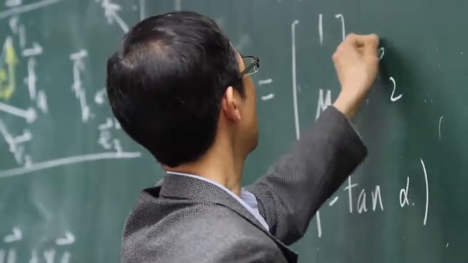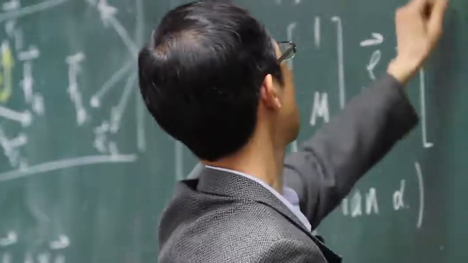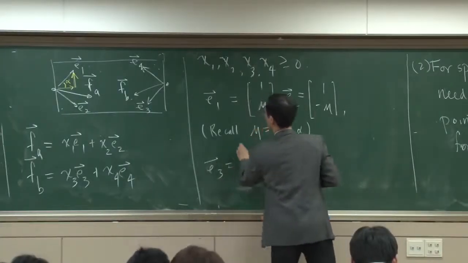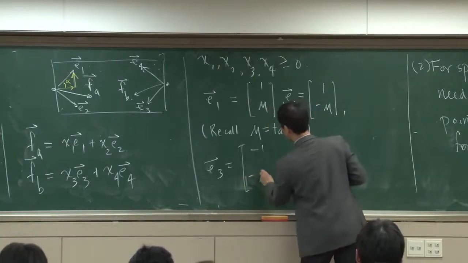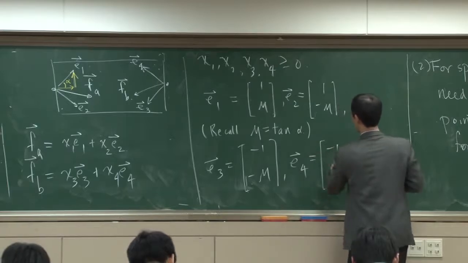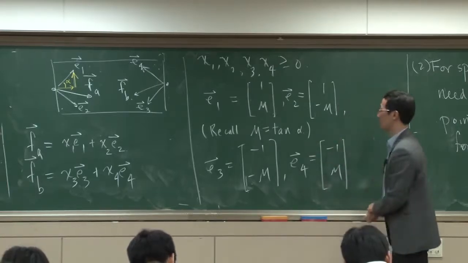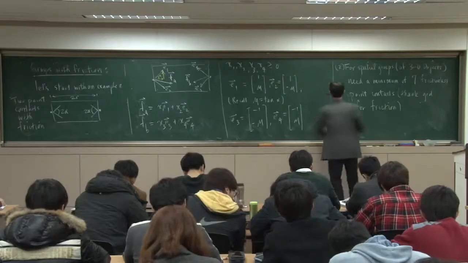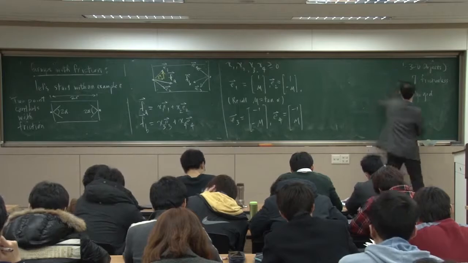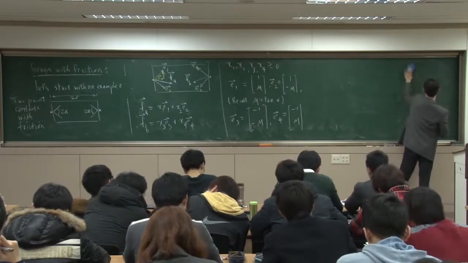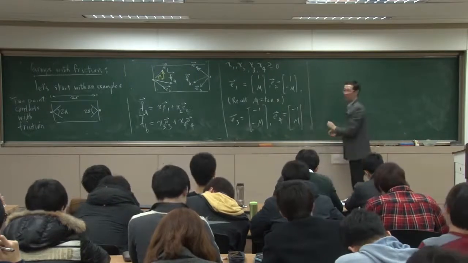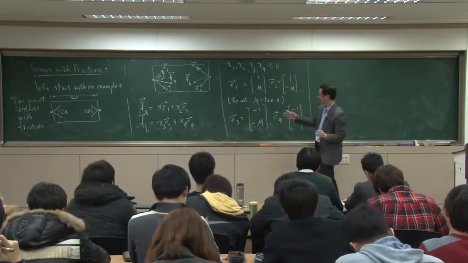And so E2 is going to be 1 minus mu, E3 is minus 1 minus mu, and E4 is minus 1 mu. So you see where we're going now.